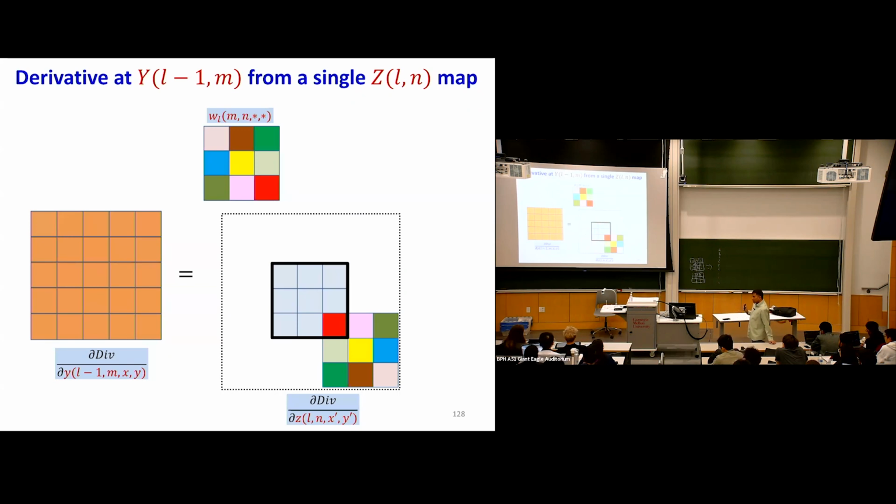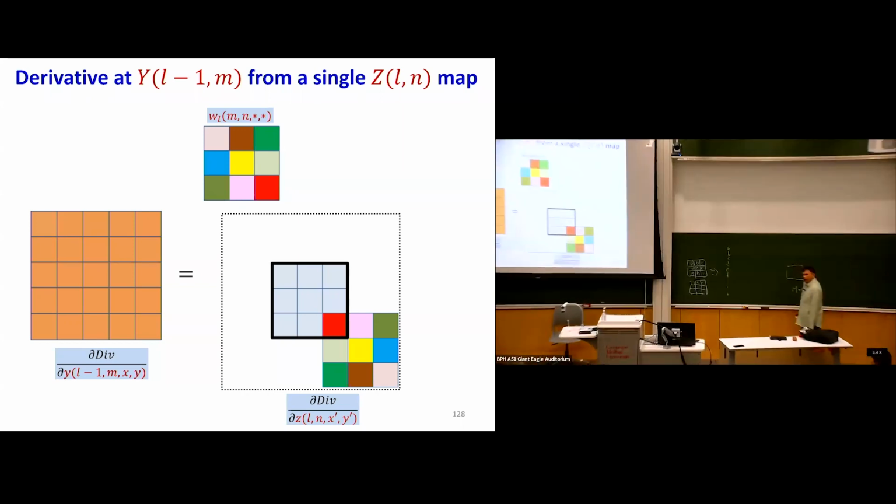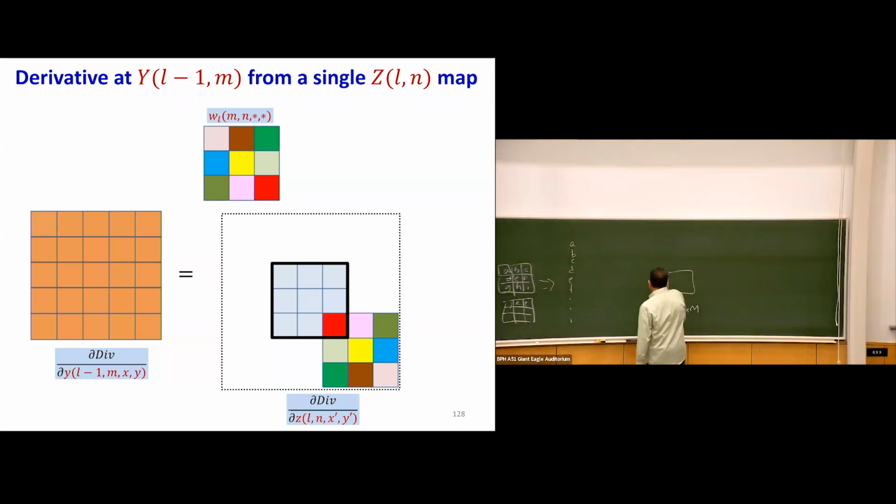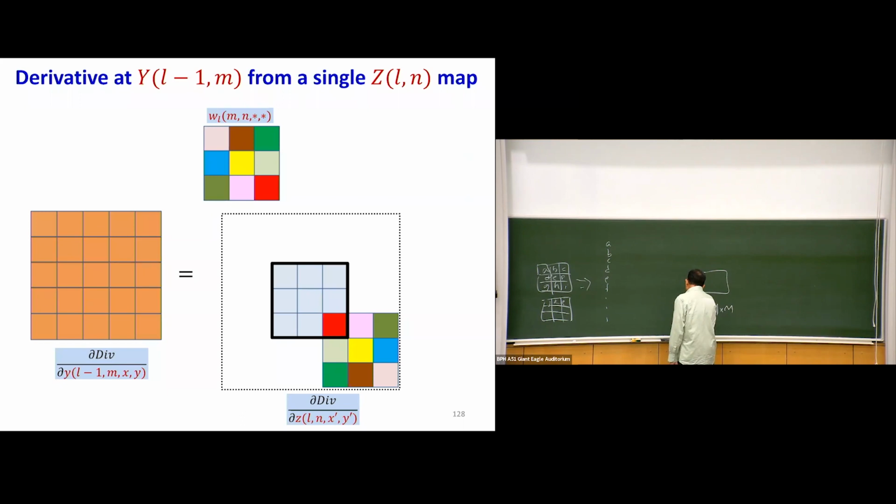Now observe what happened here. Suppose this is my z map, and it was m cross m, and my filter was k cross k.